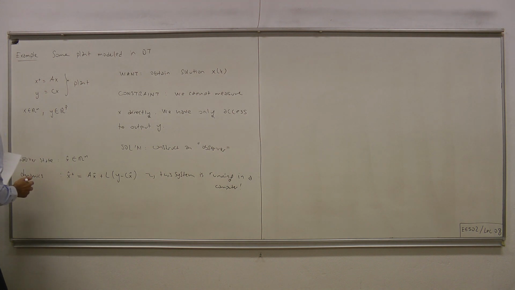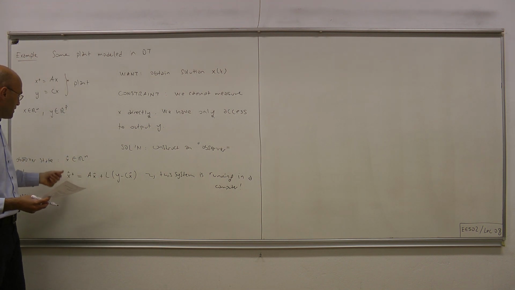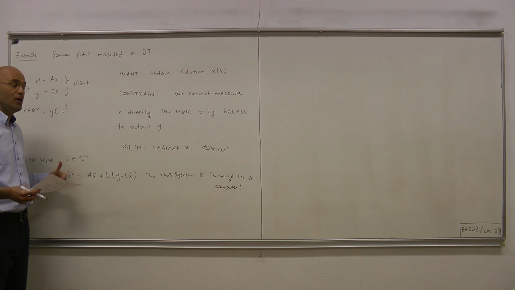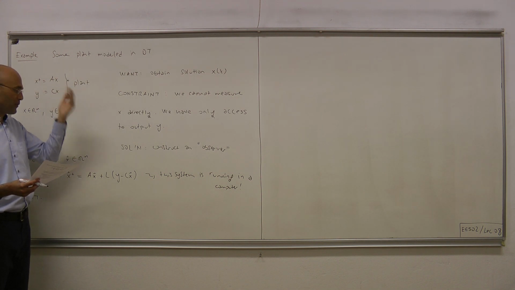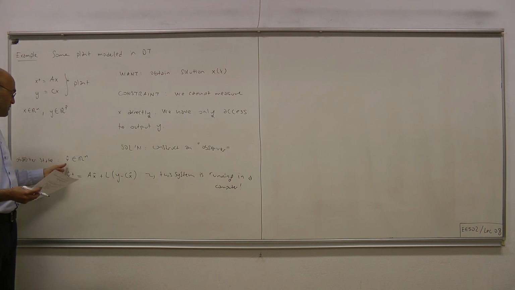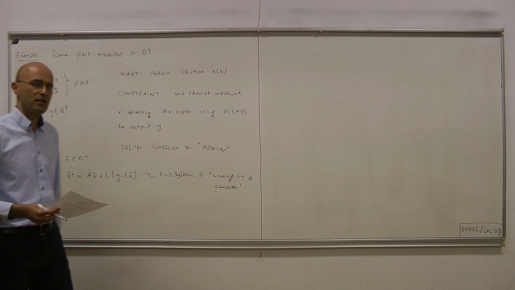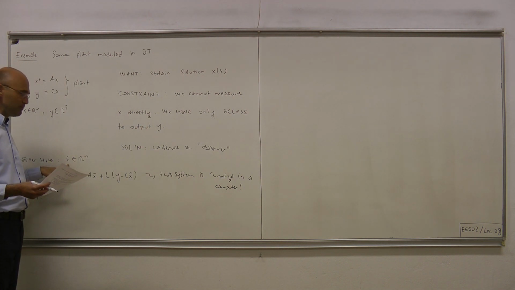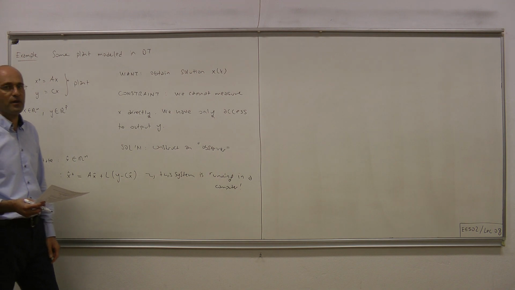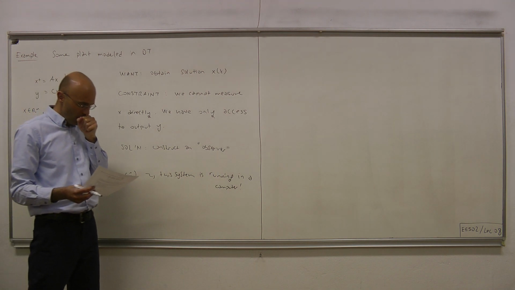Now what we want is for this dynamics to produce an estimate x hat, regardless of the initial condition of the plant and regardless of the initial condition of our observer, such that this estimate becomes better and better as time goes on. In other words, x hat of k, the solution of the observer system, should converge to the solution of the plant.